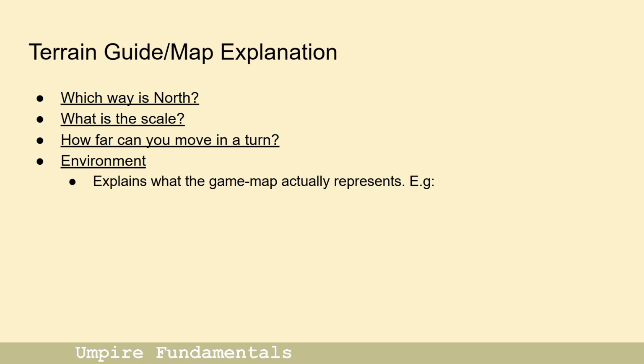Another vital piece that the players absolutely need is a terrain guide and map explanation of some sort. Now, some people, again, this is kind of umpire preference, but some people like to play with the direction of north.